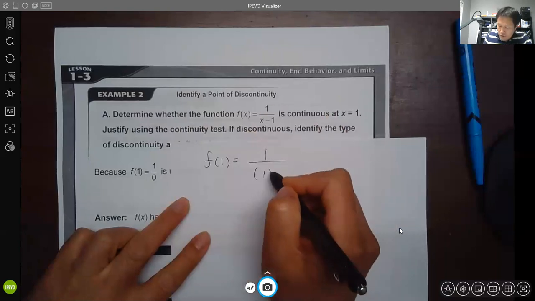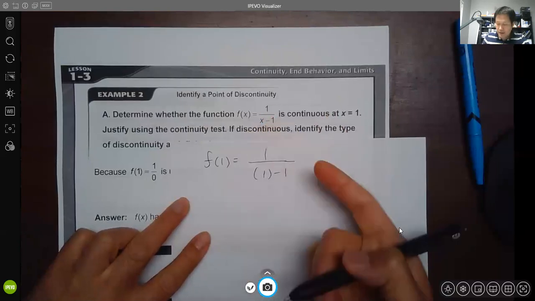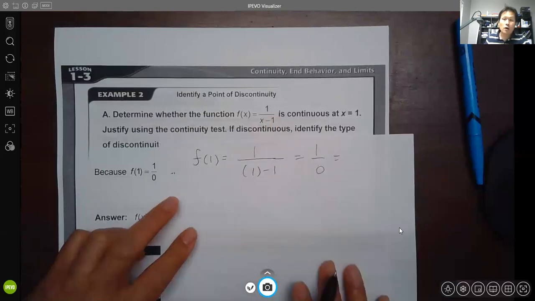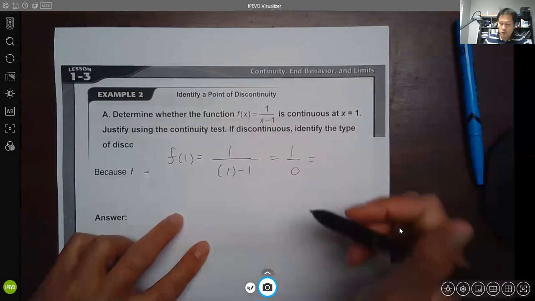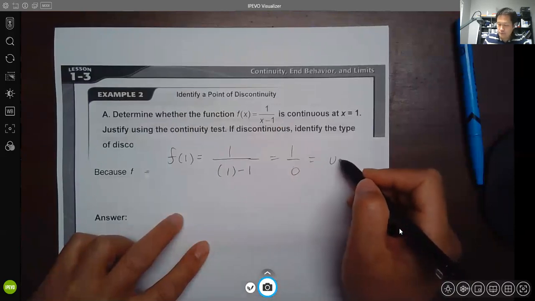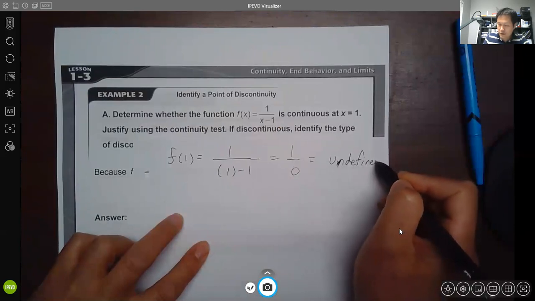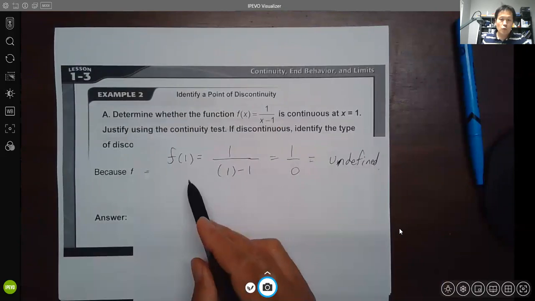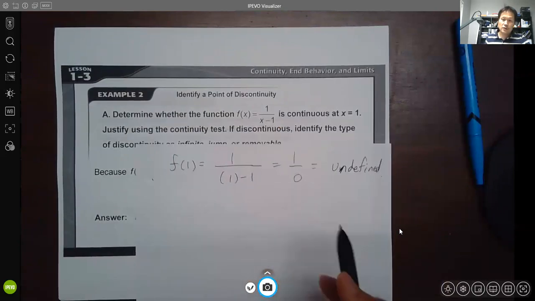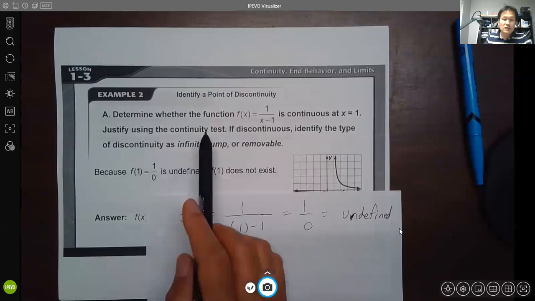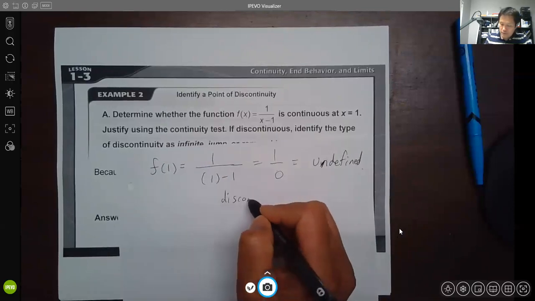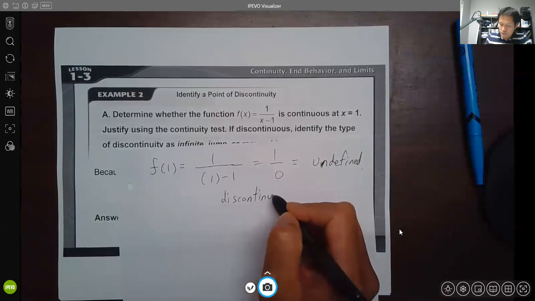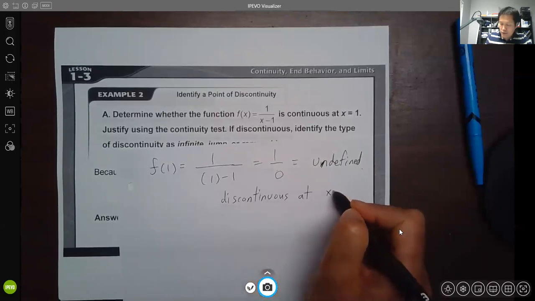Plugging in 1 for x, you get 1 over 0. The denominator cannot equal 0, so it's undefined. So f of 1 does not exist. So busted. It's discontinuous at x equal to 1.